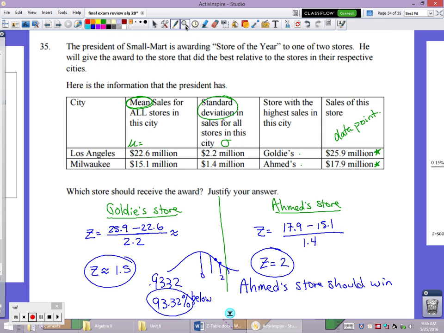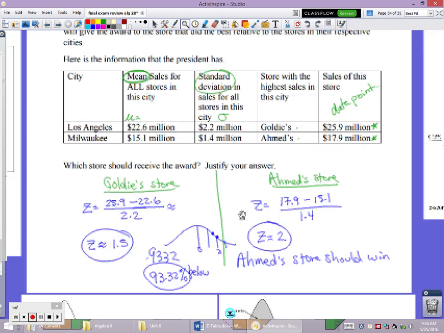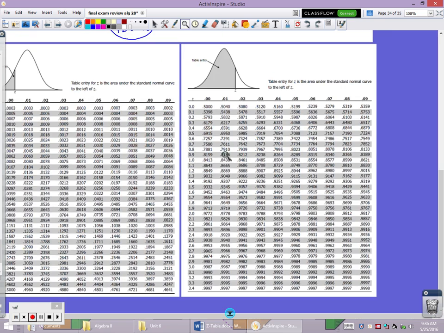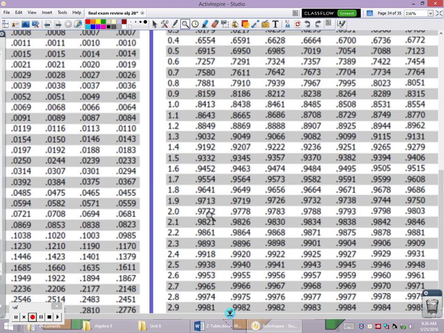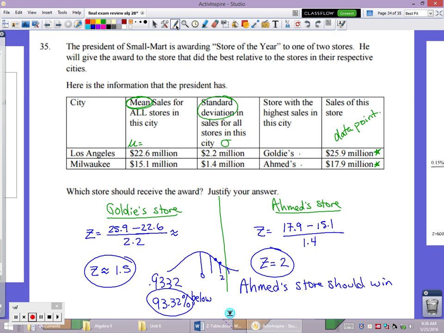Now we want to look at Ahmed's store and see, if you had a z-score of 2, it means that 97.72% is below. So Ahmed did better than, it was 0.9772.